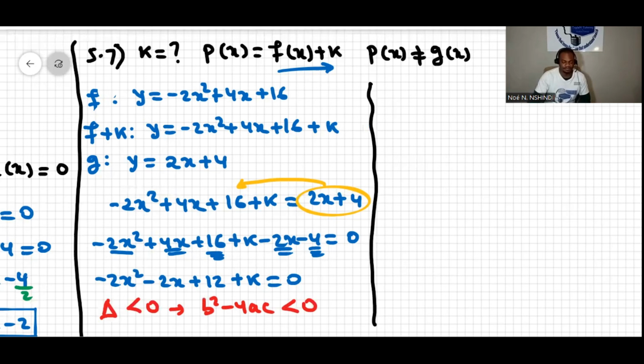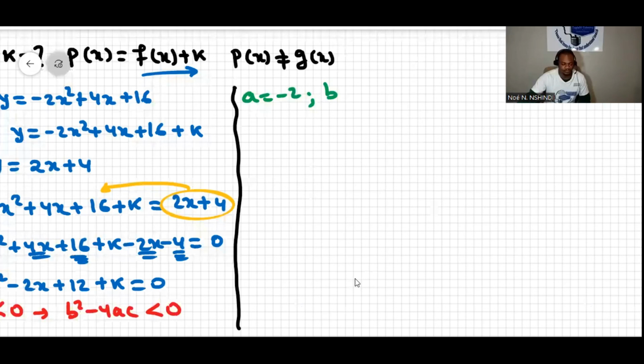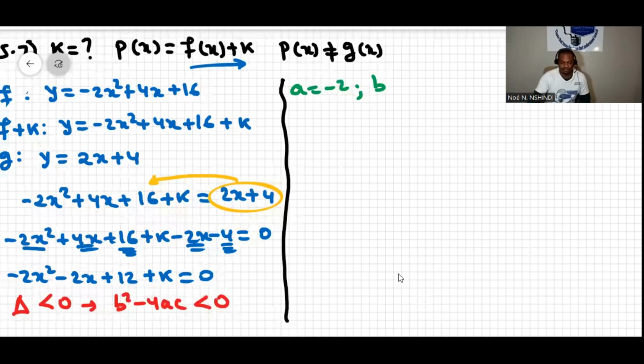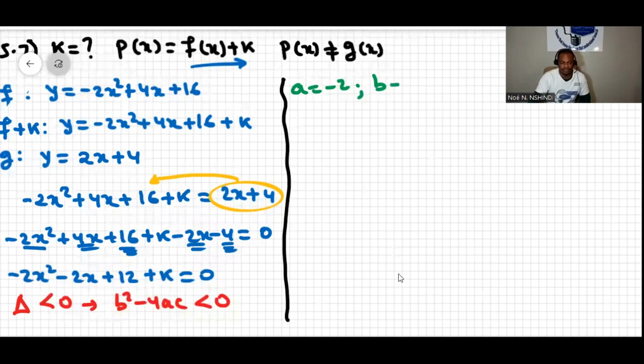Okay, so over here, a is negative 2, b is also negative 2, and then c is 12 plus k.